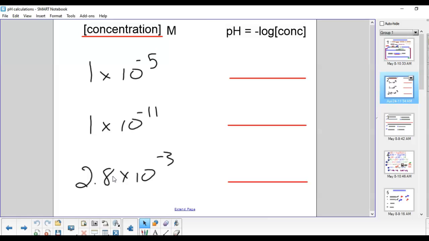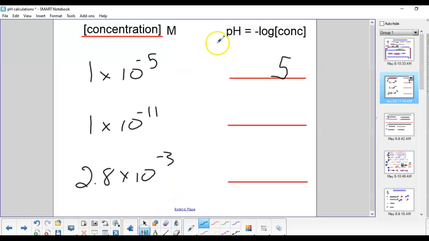Now, if you've had log experience in your math classes, you're going to find that this is pretty straightforward. You need to find the log button on your calculator. 1 times 10 to the minus 5, if we put that in here for the concentration, we're going to get a value of 5.